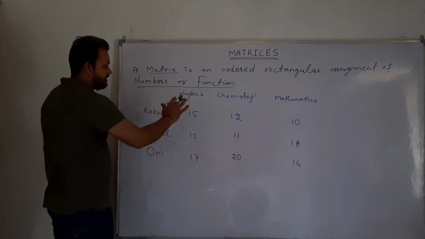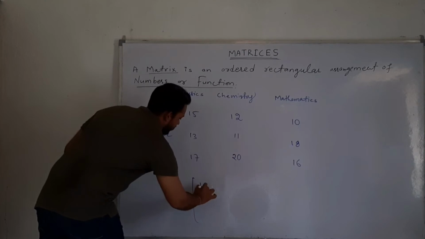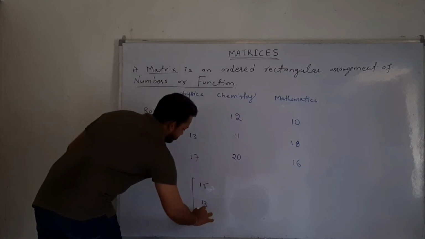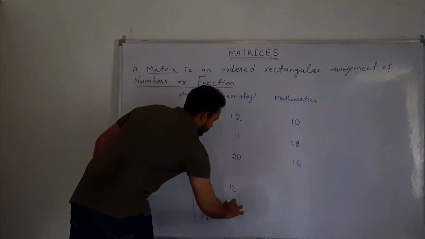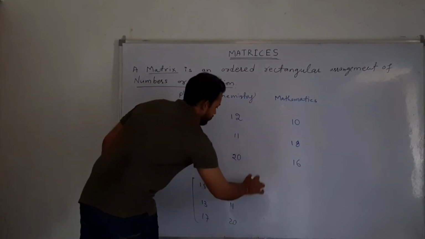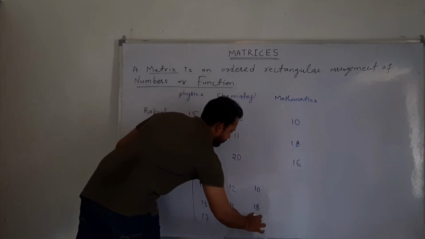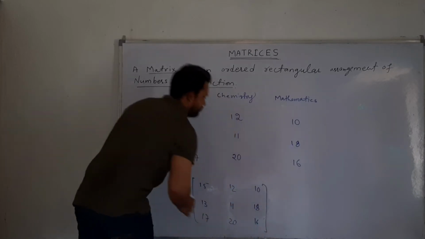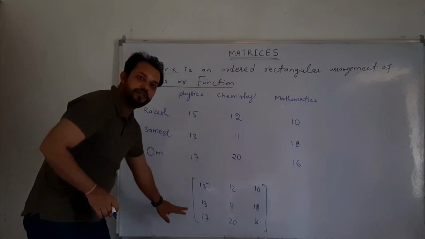Now we can arrange this data as 15, 13, 17, 12, 11, 20, 10, 18, 16. We represented the above data inside square brackets.